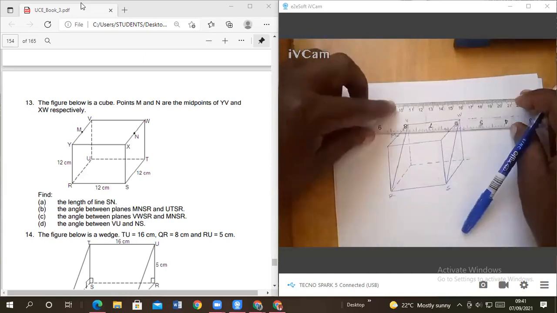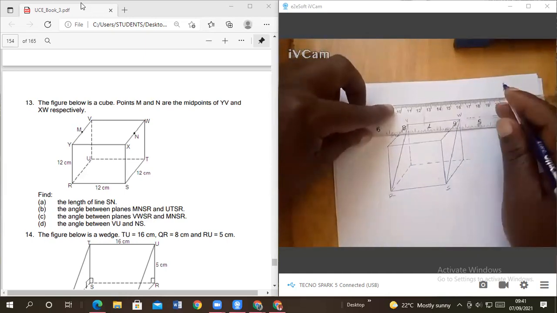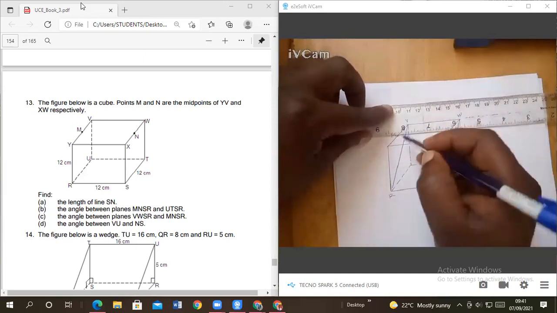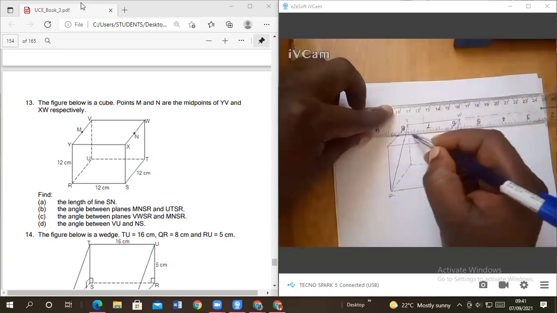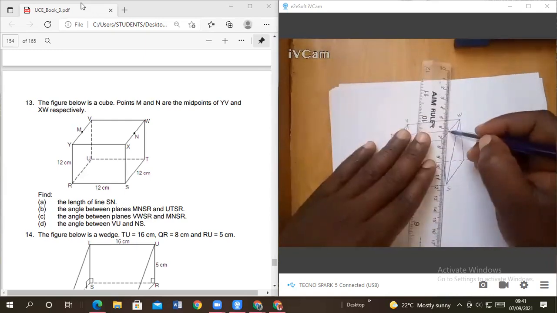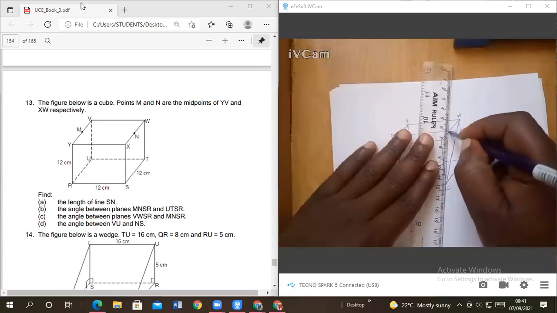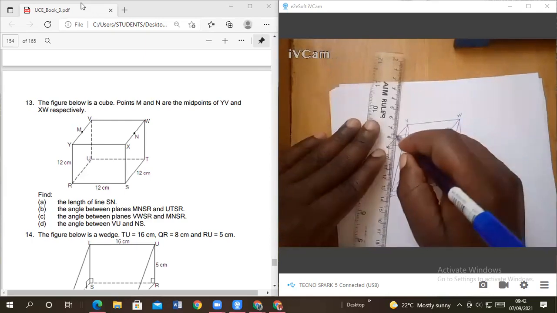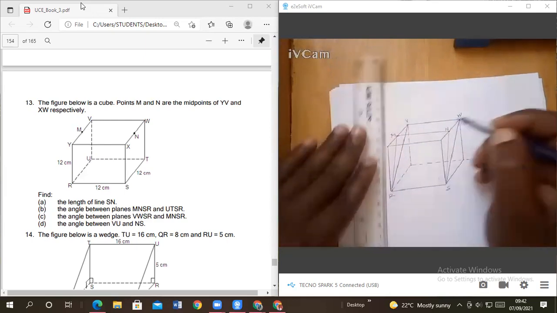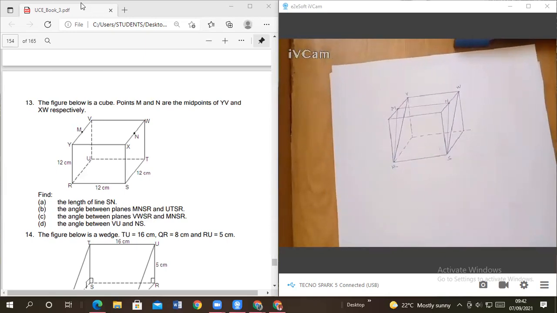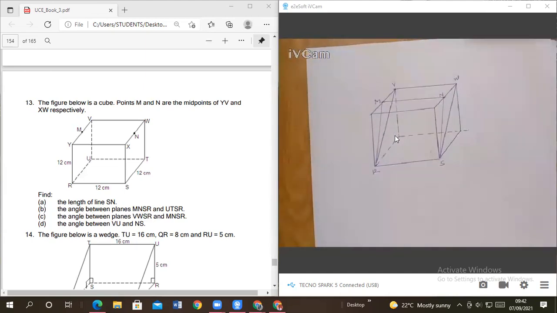So I have to join these two points. Let's make this one dotted, maybe. Just draw it, not dotted, but something like that. Let me zoom in there very well and you see.